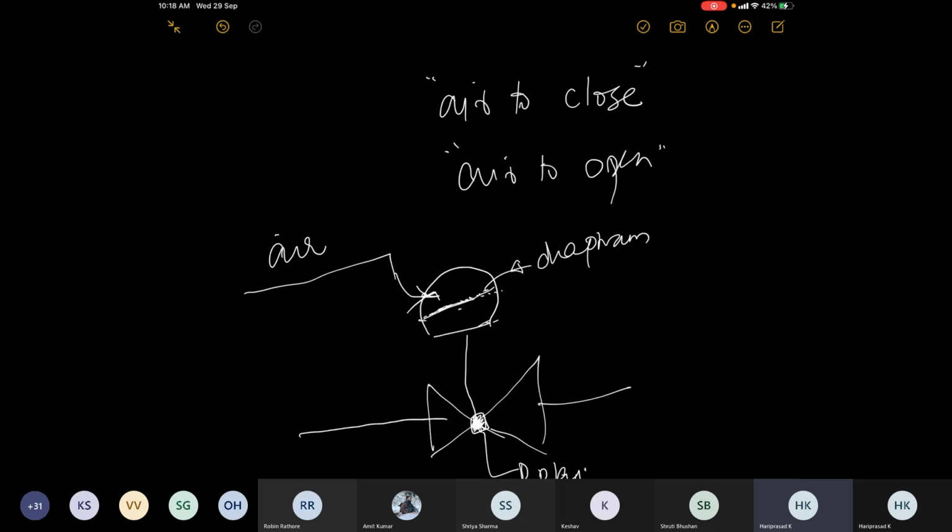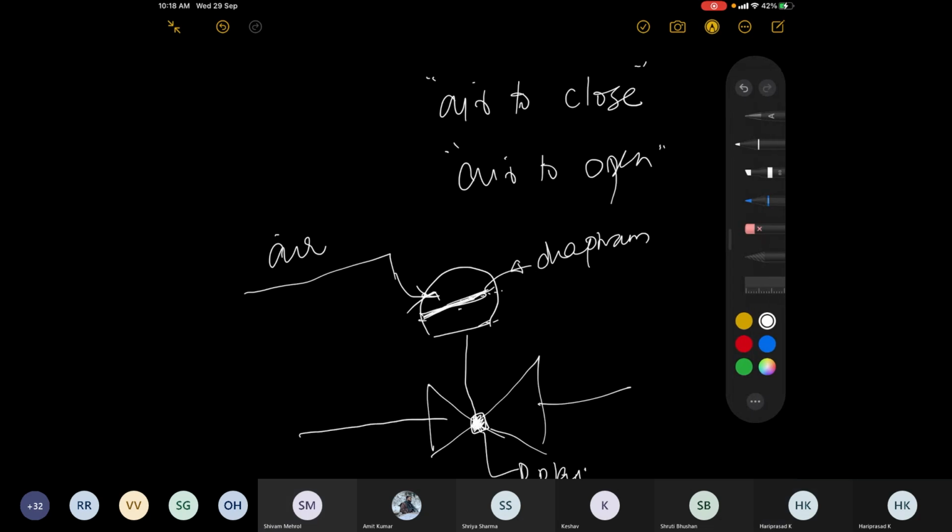Okay, so considering the texture, air to the top of the diaphragm, would this be air to close or air to open? Sir, air to open. Why do you say that? So I'm giving you two options. I am having an air line and I am connecting here.